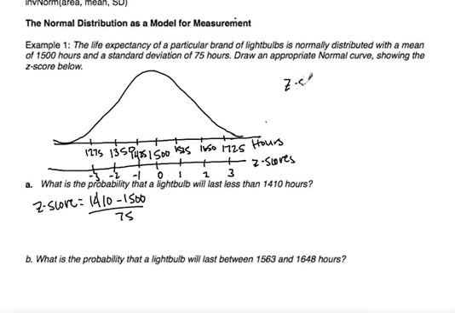Remember that to find your z-score, you would do x minus the mean over the standard deviation. So whenever you do that, you would get -1.2. So we would be looking for the value to the left of this right here.